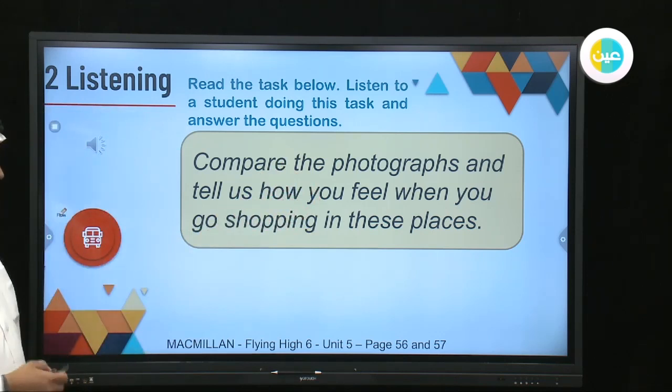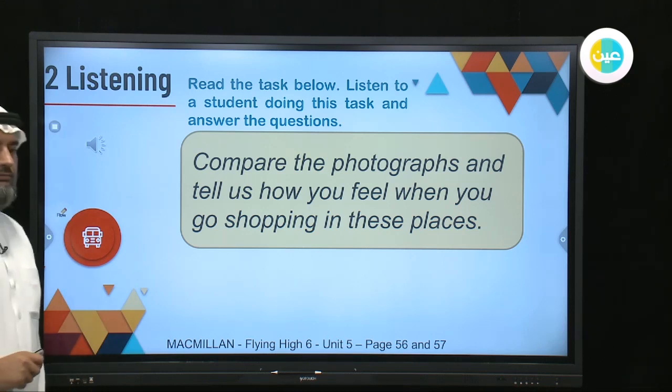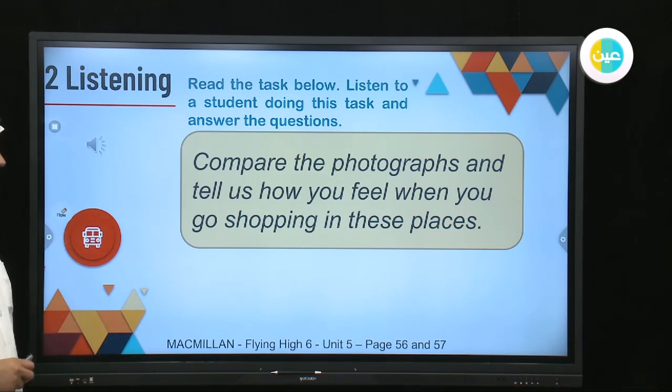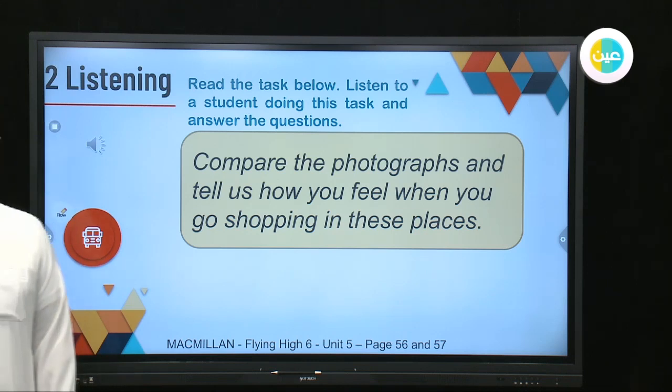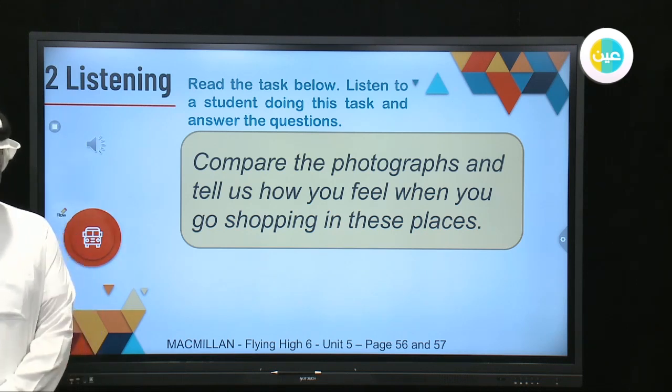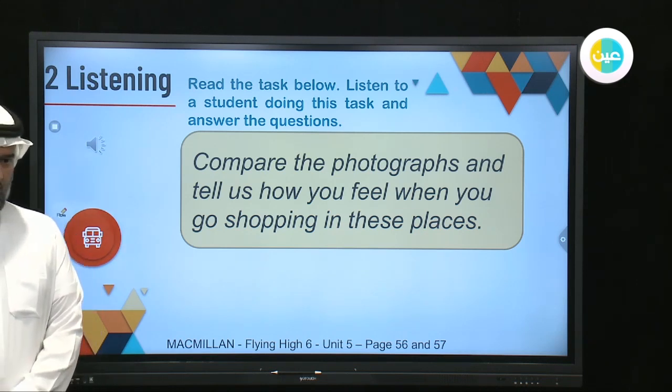Unit 5. Listen. Developing speaking. Exercise 2. Both photographs show people shopping. In the first photograph, there is a family and they're shopping in a big modern supermarket. Whereas in the second photograph, there is a man at a small market. It isn't clear whether he is a customer shopping or if he is the person who owns the market stall.